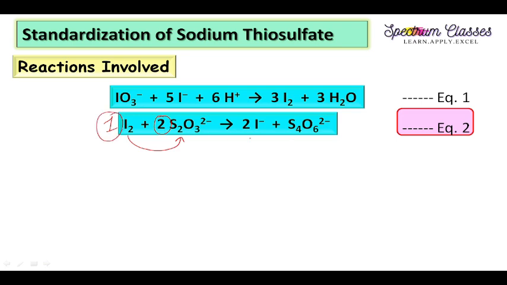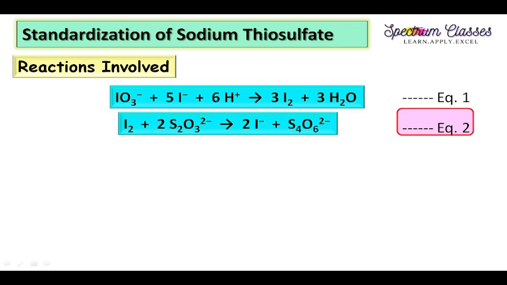Since this S2O3 becomes S4O6 2 minus, and here we are having 4 minus, where will this 2 minus go? So 2 iodide will be formed over there. So I hope you understand the balancing of charge and balancing of coefficients. So here this is the reaction.